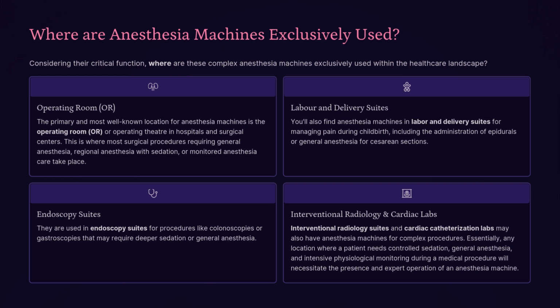Interventional radiology suites and cardiac catheterization labs may also have anesthesia machines for complex procedures. Essentially, any location where a patient needs controlled sedation, general anesthesia, and intensive physiological monitoring during a medical procedure will necessitate the presence and expert operation of an anesthesia machine.